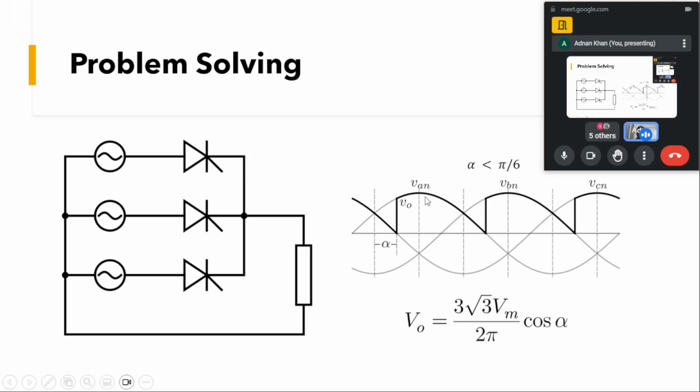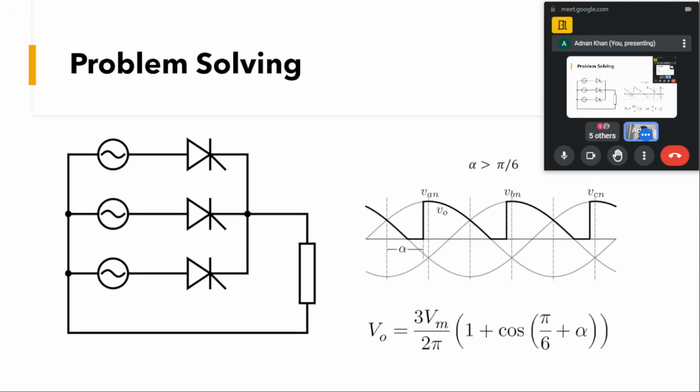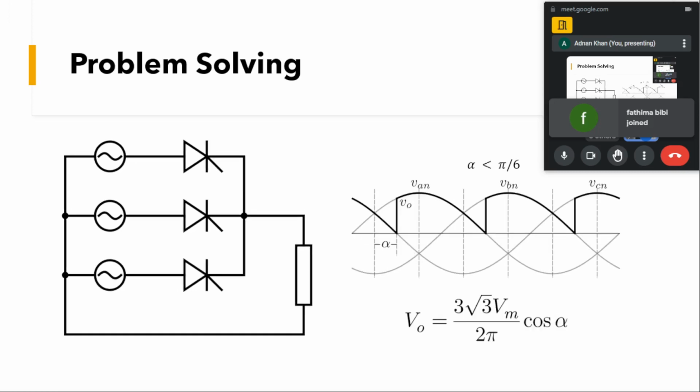However, for an RL load we had already seen that the output voltage can be negative, so this equation holds true for that.